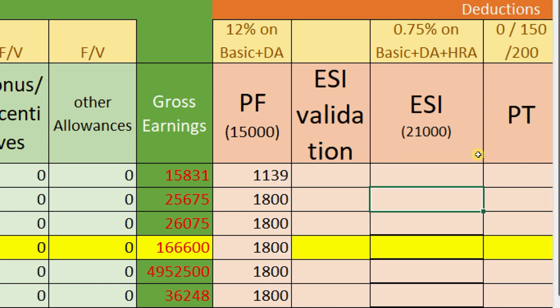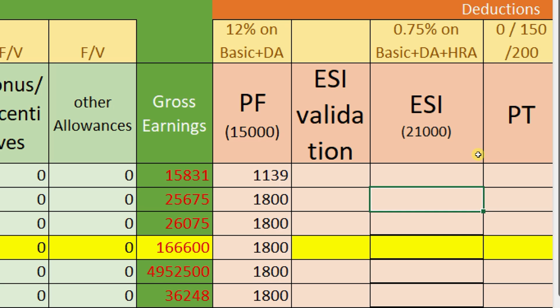Any employee whose income is less than 21,000, tomorrow if they go to any hospital, they cannot bear the hospital expenditure. So they need some help from the government. So those benefits are provided in the name of ESI. Even in case of sickness, illness, or death, you also receive cash for your funeral. That benefit is also covered in ESI.